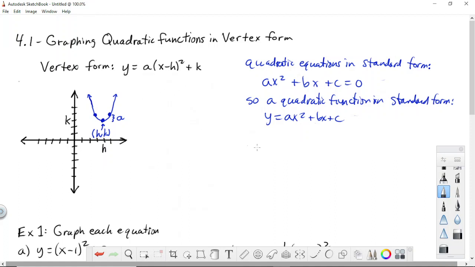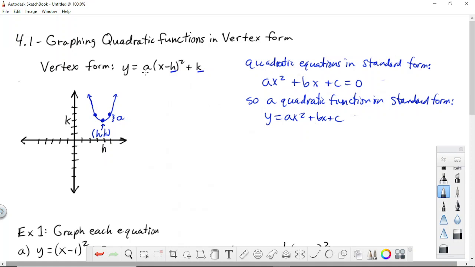Vertex being the farthest down point in the graph. Now, parabolas can also be turned the other way so that they open downward, and then the vertex is the highest point. But this shows what the coordinates of the vertex are, (h, k), where the h comes from here and the k comes from there in the standard form.